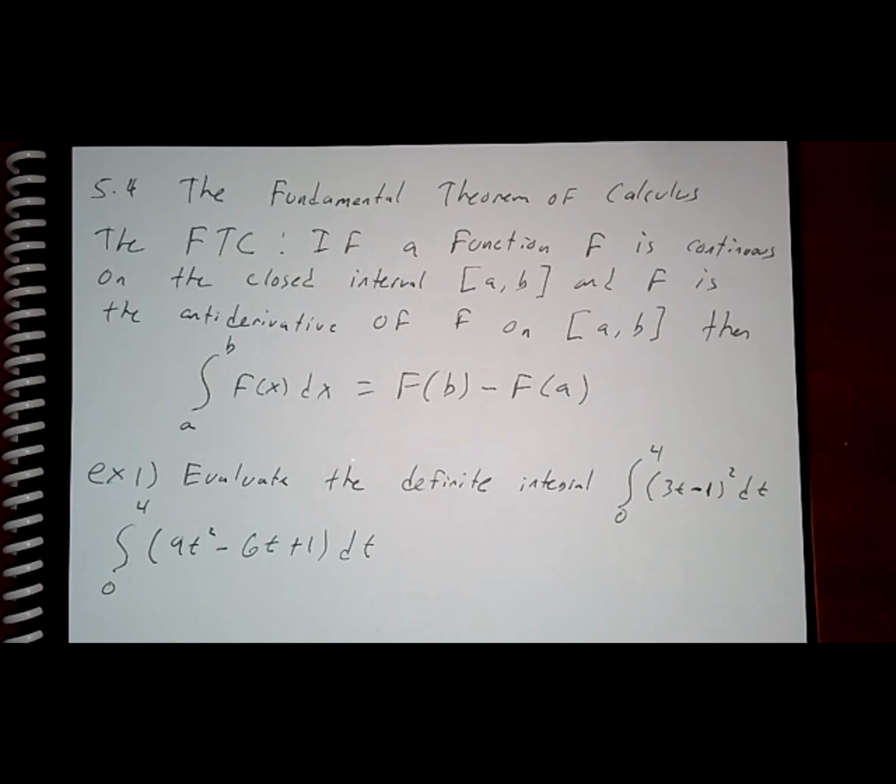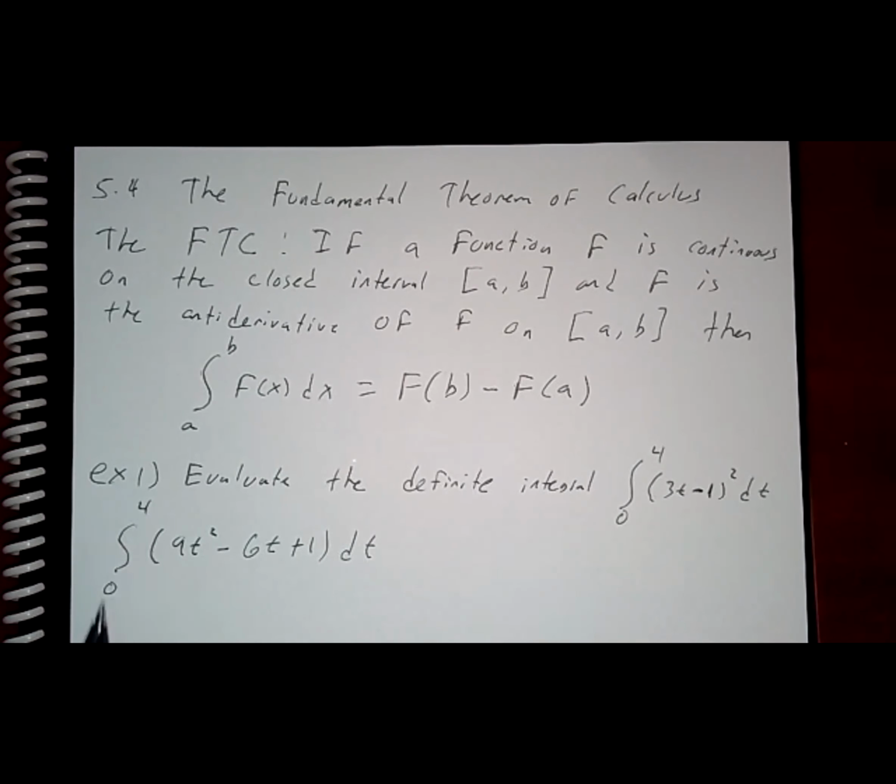So just integrate each piece separately and then worry about the bounds. Remember, you can use the rule that says you can separate it as the integral of 9t squared dt plus the integral from 0 to 4 of negative 6t plus 1 dt.